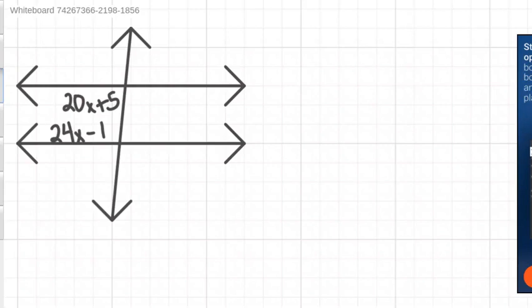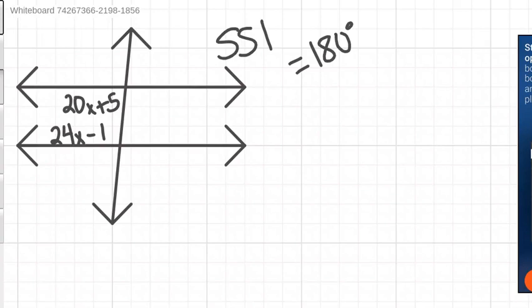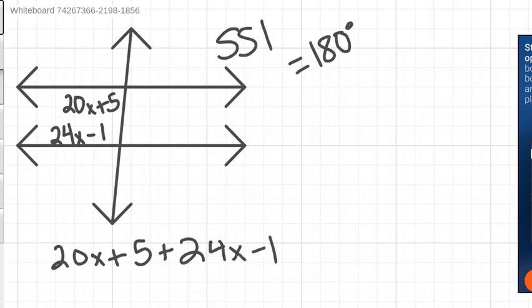All right, next we have our 20x plus 5 and 24x minus 1. These are same side interior, which we know are equal to 180. It's supplementary. So 20x plus 5 plus 24x minus 1 is equal to 180.